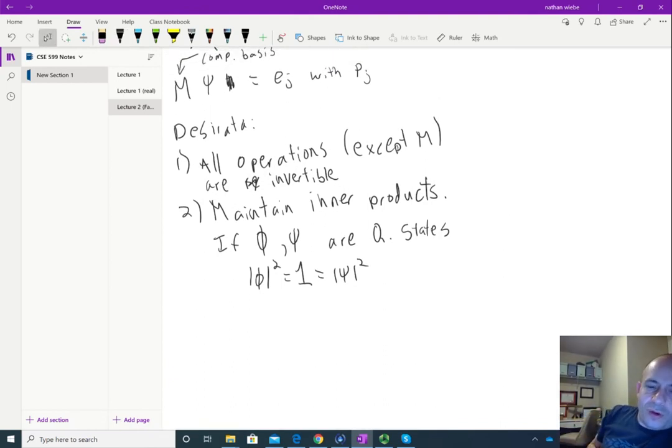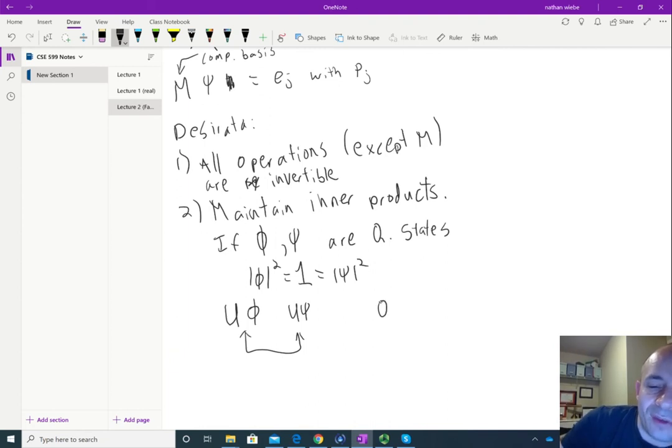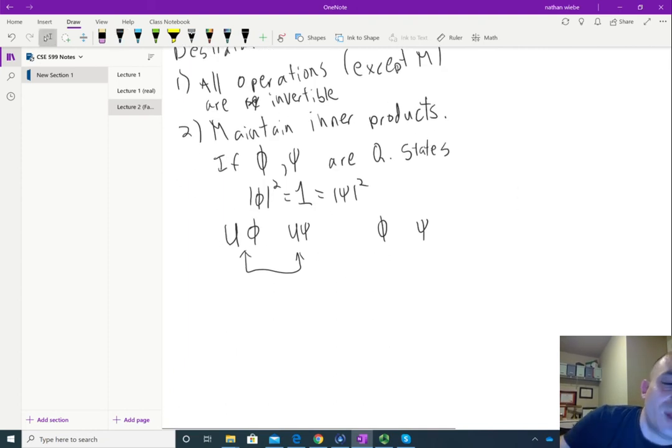If these two are quantum states, then we demand that the set of legal transformations at our disposal will end up mapping, let's say, U phi and U psi over here. We want to ensure that the inner products between those two are the exact same as the inner products between phi and psi.